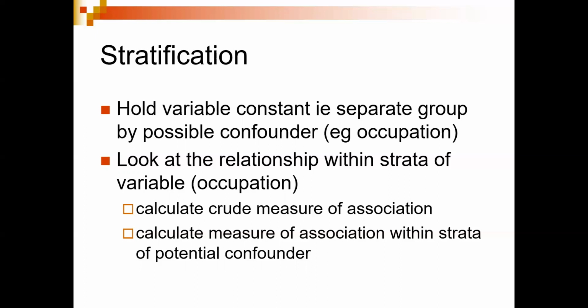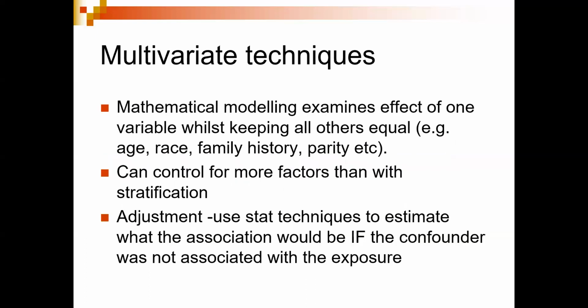You look at smokers and non-smokers. So you compare the crude measure of association to the measures of association which you get in each stratum of your confounder.